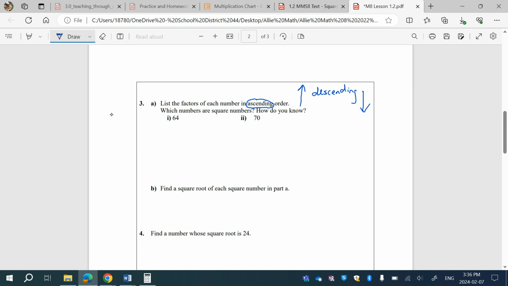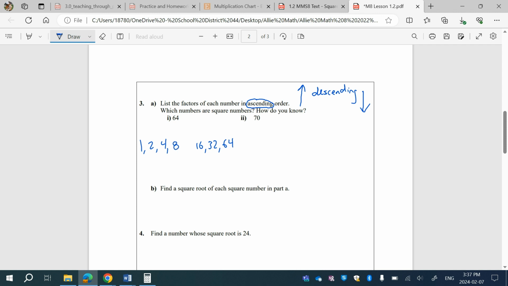So I like to do what I call the rainbow method. So I start 1 over here, 64 over here. What else goes into 64? 2 and half of that, which would be 32. 3 doesn't go in there, but 4 does go in there. 4 goes in there, I think, 16 times. 5 doesn't go in there. 6 doesn't go in there. 7, not 7. 8 goes in there. 8 times 8 is 64.